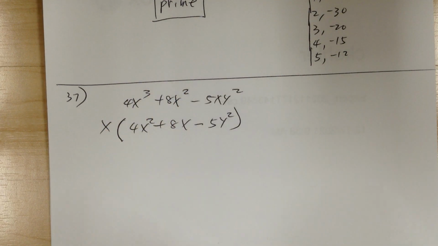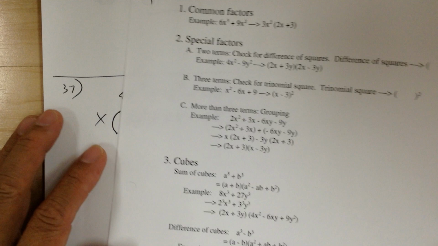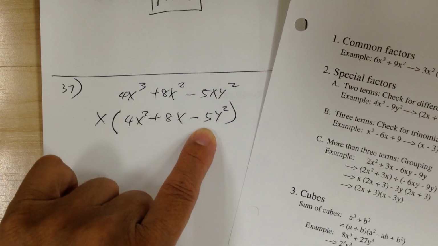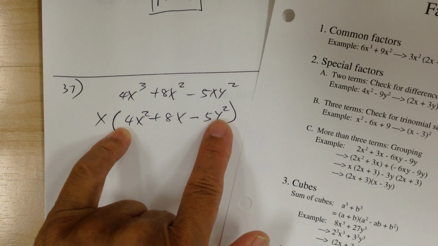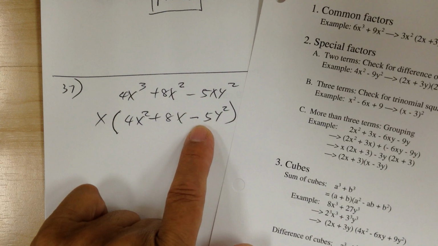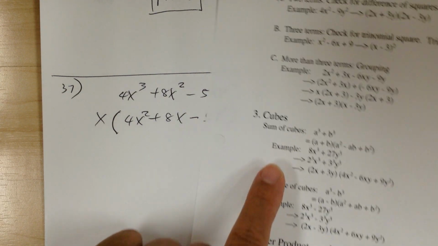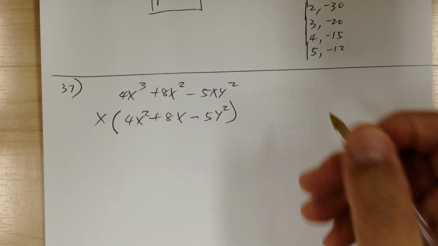That's step 1. Now you go to step 2. With 3 terms, you check for perfect square. This is a perfect square, this is not. In order to do the perfect square, the beginning and the end have to be perfect squares. The 5 is not a perfect square. So you go to step 3, cube. This is not a cube, so go to master product.